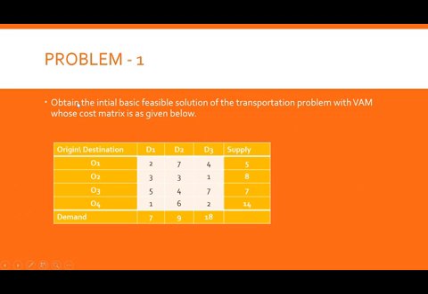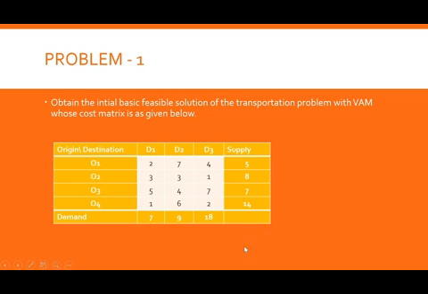So the first problem is: obtain the IBFS for the transportation problem with VAM whose cost matrix is as given below. This was the cost matrix. So this is balanced. We have already checked it because we took the same problem in northwest corner rule and least cost method.